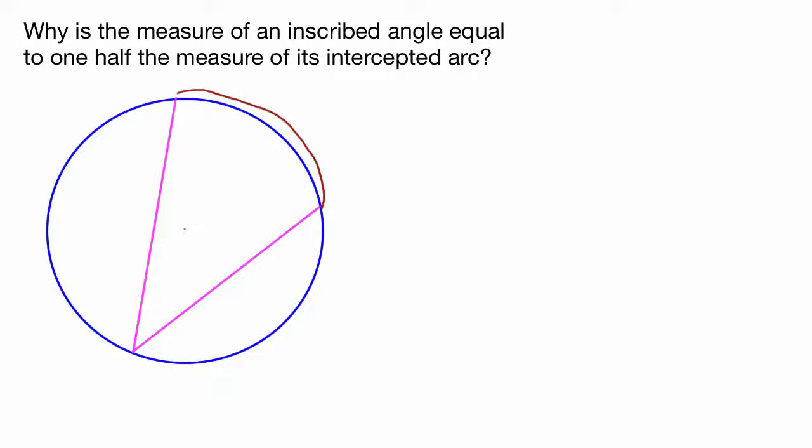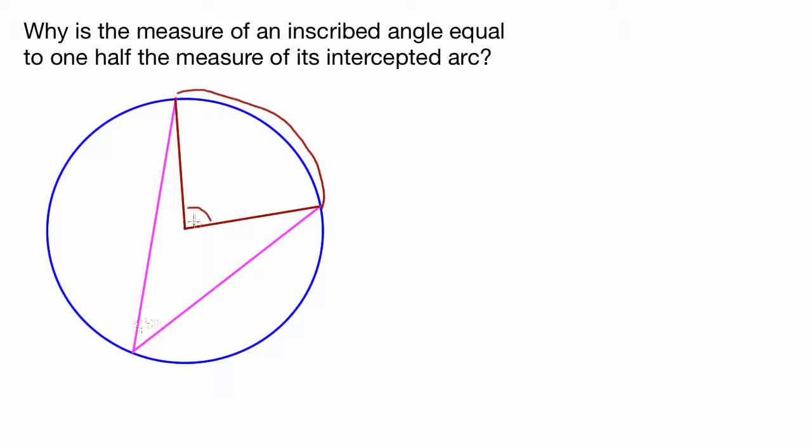So let's say I showed that central angle. Let me show that central angle right here by drawing a radius to one end of the arc, and then drawing another radius over here. Right here is your central angle, and whatever this measure is, that's going to be the measure of the arc.